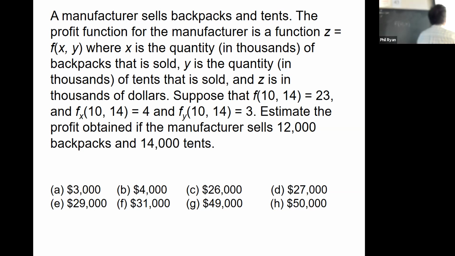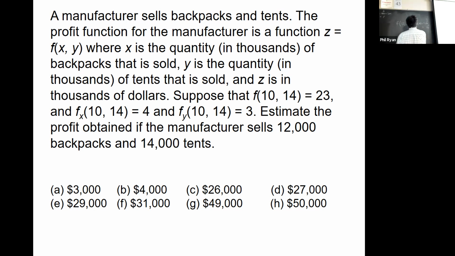What information are we given? We're given (10, 14). How do we get from (10, 14) to (12, 14)? Well, we have to add 2 in the x direction, and in the x direction, the derivative is 4. In the y direction, the y doesn't change, so that's not going to affect our answer at all.